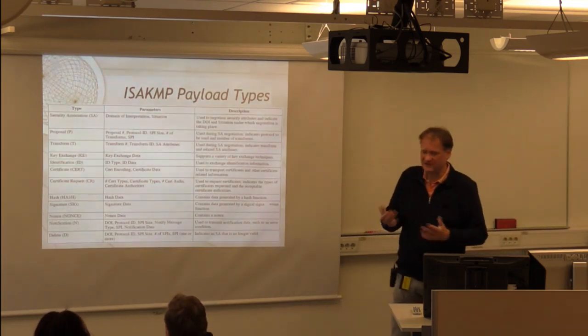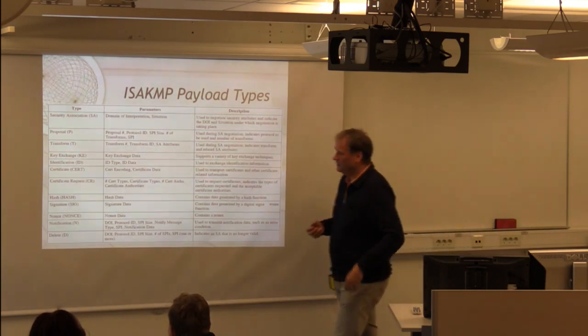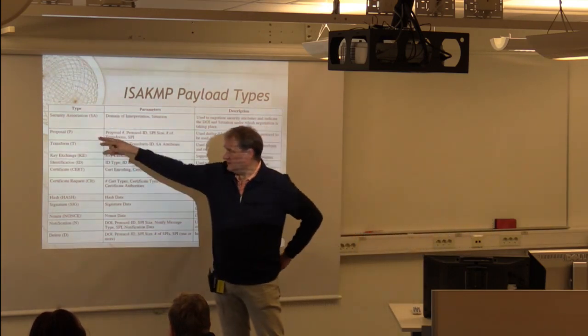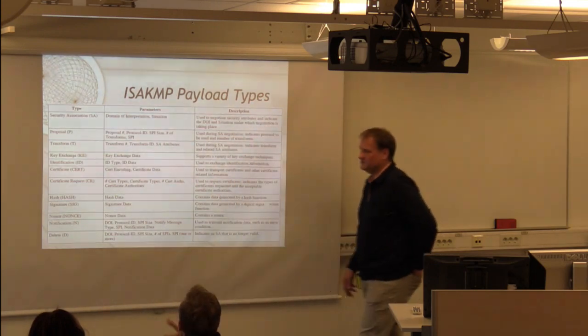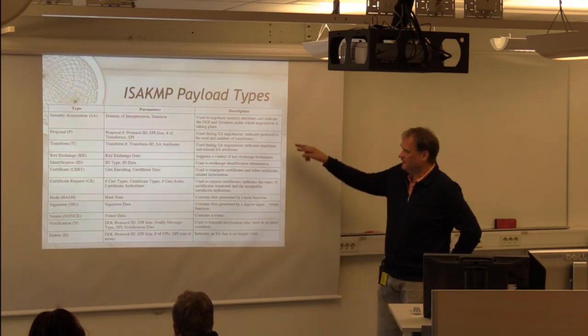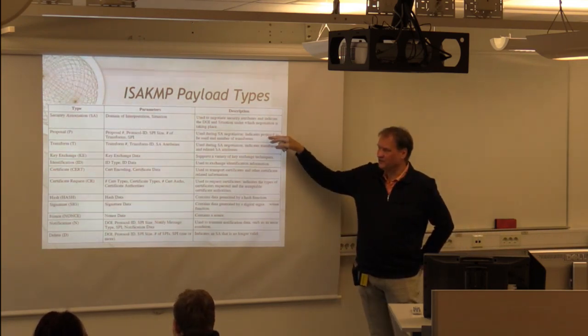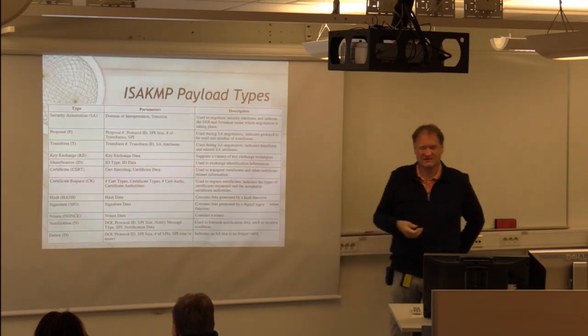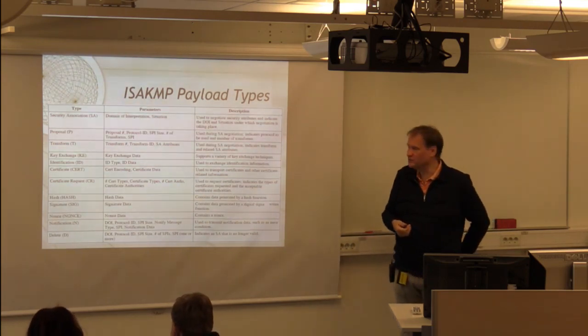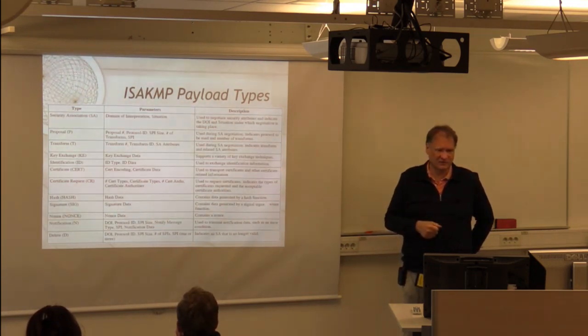It says that these are the different types of messages we can send with ISAKMP. For instance, proposal is one type of message we can send. We propose to set up a security association, and in our proposal we propose some things again about what type of protocol we're going to use and what type of encryption algorithms we're going to use.